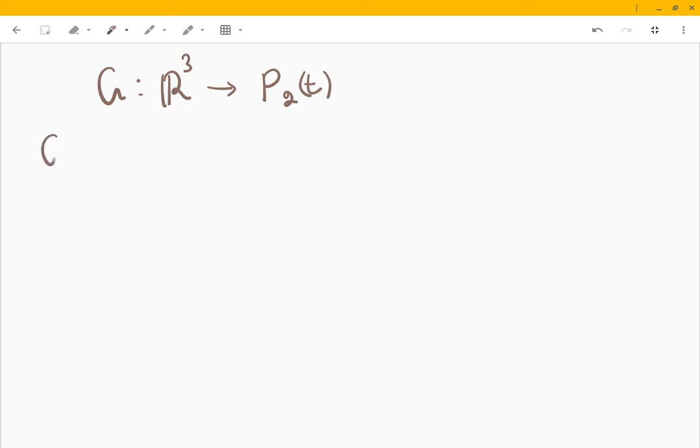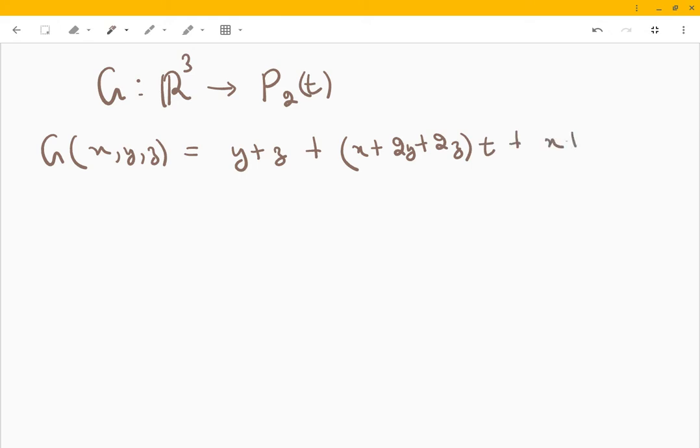And this transformation is defined as g of x y z equals y plus z, plus x plus 2y plus 2z times t, plus x plus y times t squared, right? So this is what we have been given.